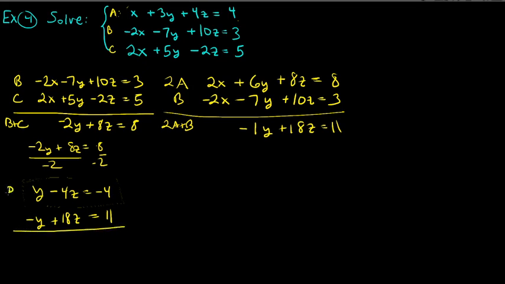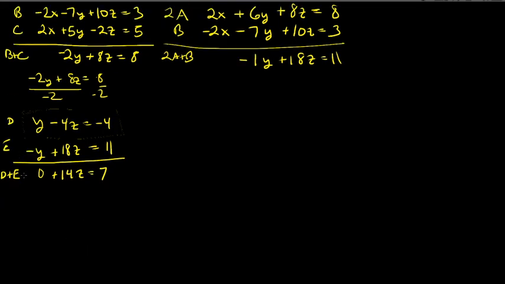So let's call this equation D and equation E. D plus E is just going to be 0 plus 14z equal to 11 minus 4, which is 7. So I have 14z equals 7. If I want to solve for z, I just divide by 14.